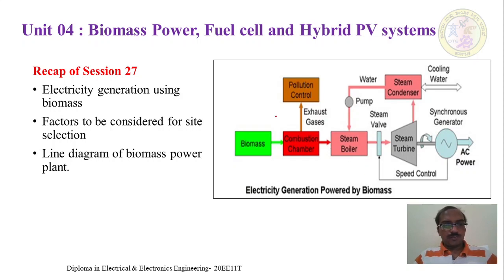The first one was the biomass, that is the fuel, the raw material that we are going to use. The biomass may be anything, either from agriculture products or forestry, or from industry, or sewage waste. Then it will be given to the combustion chamber, where I will be producing the heat fumes.